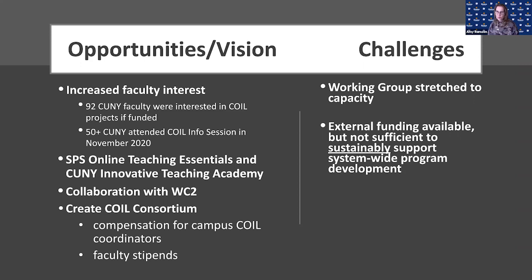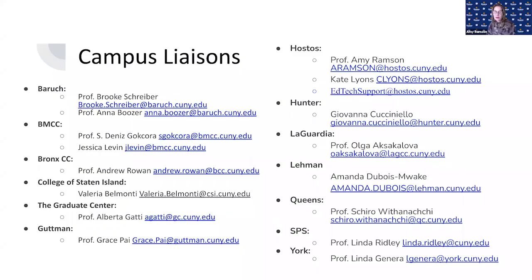It's not sustainable, because you have a grant and then it goes away. So what we're hoping for is for CUNY Central to make us institutionalized. These are the different campuses, and we thought we might have people from different campuses attending today.